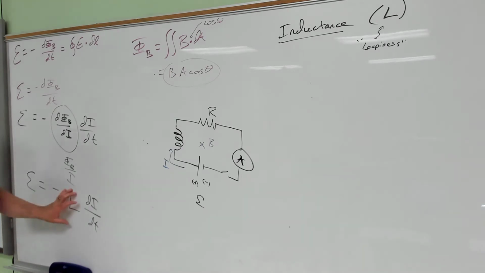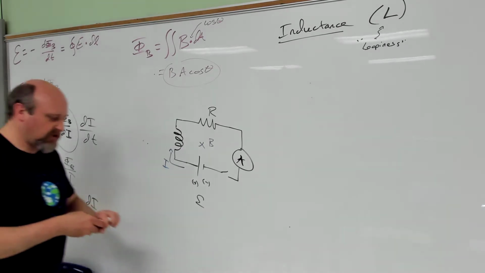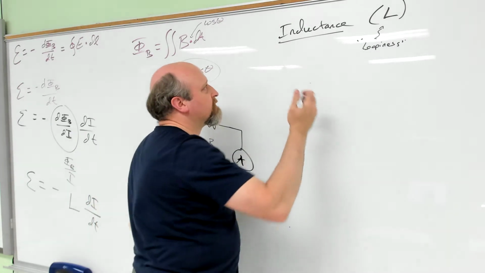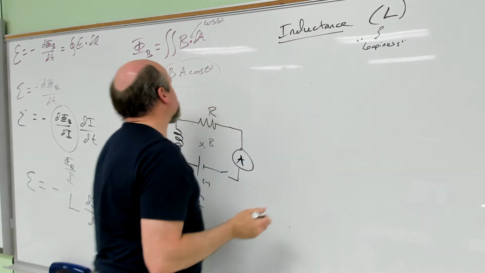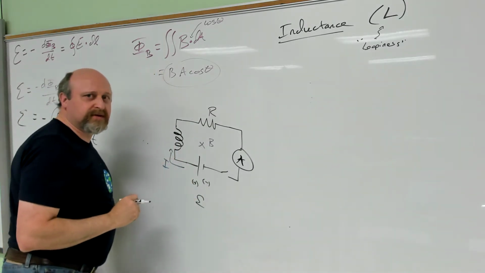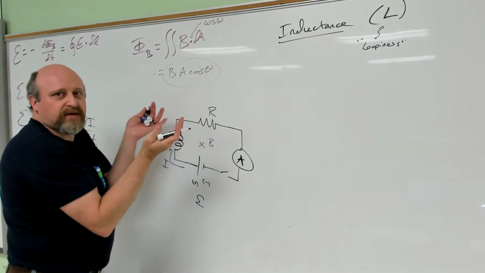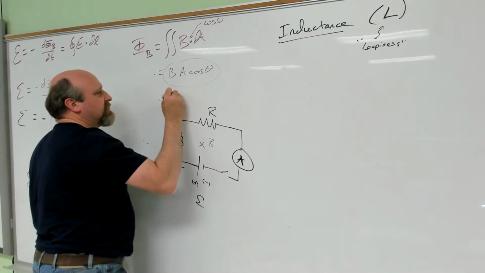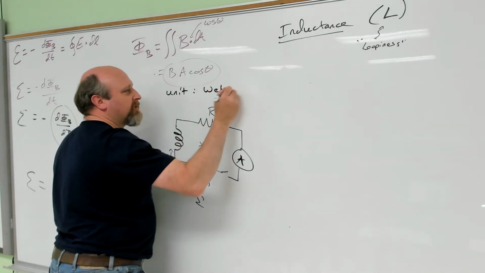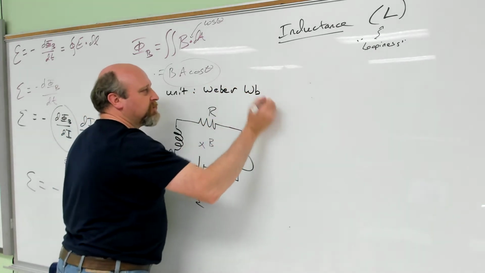To show you something else important about this L guy. So this L guy inductance, what is it? It's really just the flux per amp, right? Now here's an interesting thing. Did I ever tell you what the units were for magnetic flux? That's the number of field lines, right? Well, it actually has a unit. The unit for flux is called, believe it or not, the Weber. And it's abbreviated Wb.